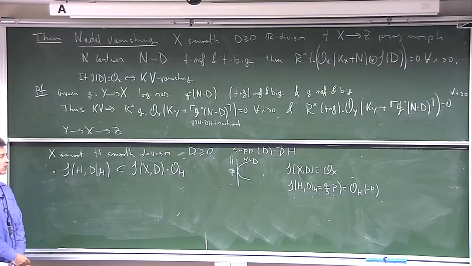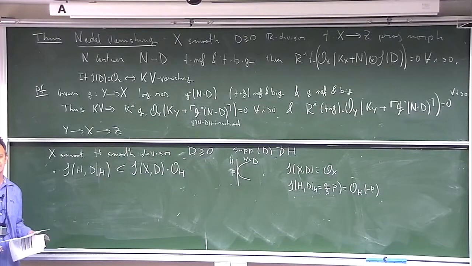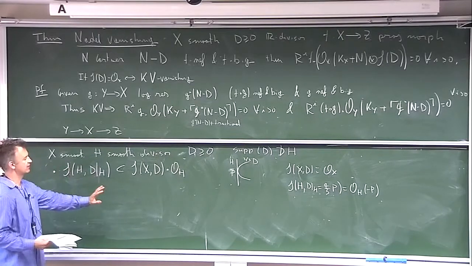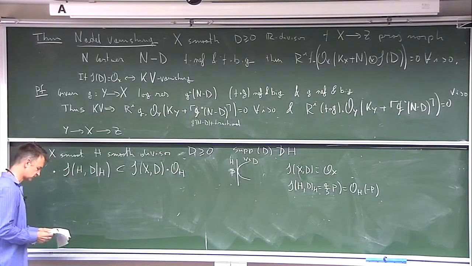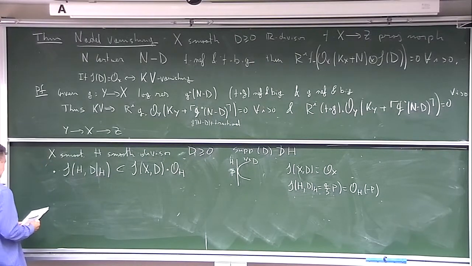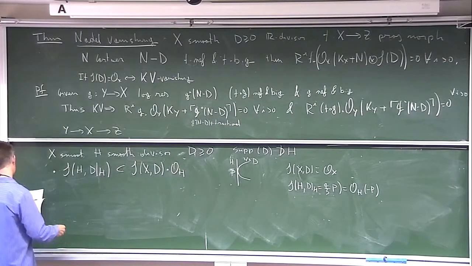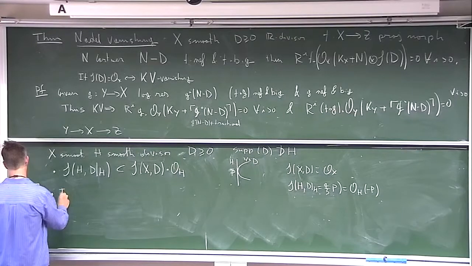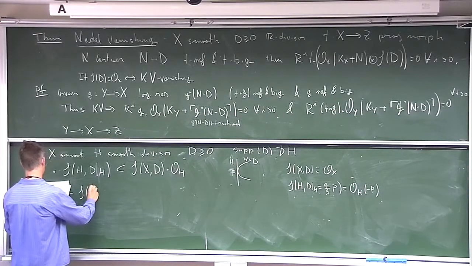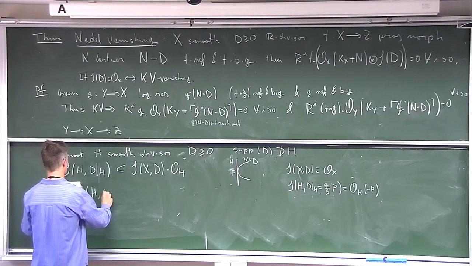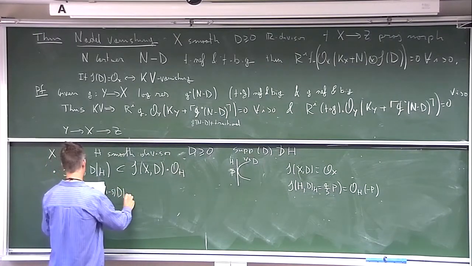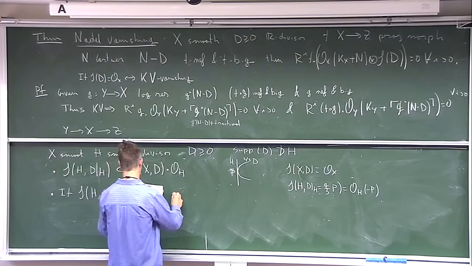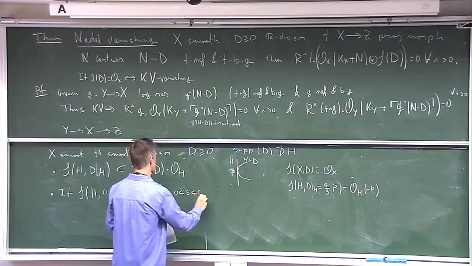It's an equality if everything has simple normal crossing, then you don't have this annoying phenomenon that the multiplicity jumps up. Okay, so this is the trivial direction, the adjunction direction. The interesting direction is the analog of inversion of adjunction. So suppose that I know that the multiplier ideal sheaf on H of (1 minus s) D restricted to H is contained in m_x for some s which is less than 1.